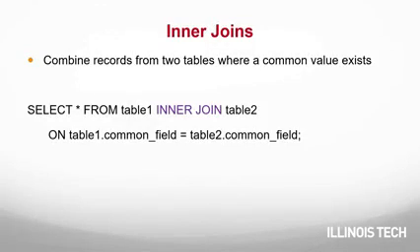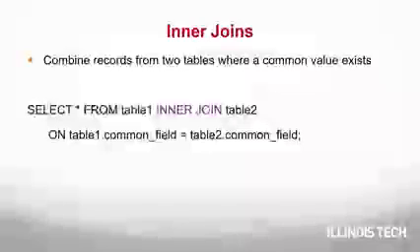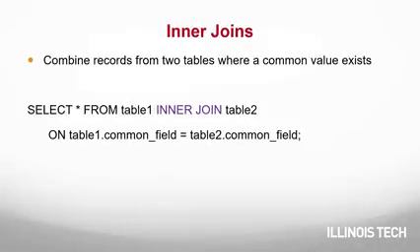What an inner join does is it combines records from two different tables where there's a common value between the two tables, like we saw a few minutes ago in the customer order example. The basic form of the inner join looks as follows. Select some set of columns, or star, from table 1 inner join table 2. These keywords inner join specify the type of join that we're making.